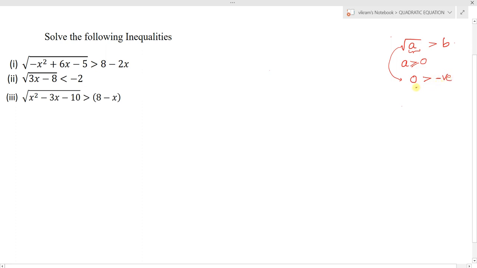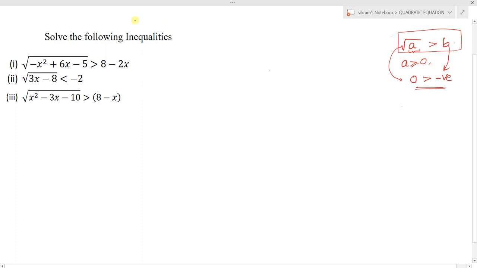So if the square root of a quantity is greater than another quantity, the quantity inside the square root has to be greater than or equal to 0, and the RHS must be negative. That is the concept to consider here.